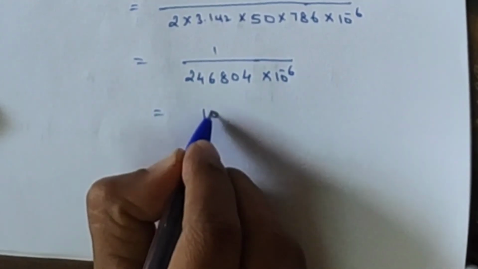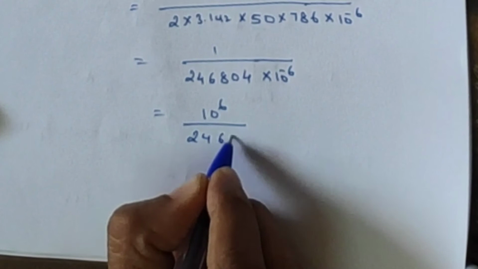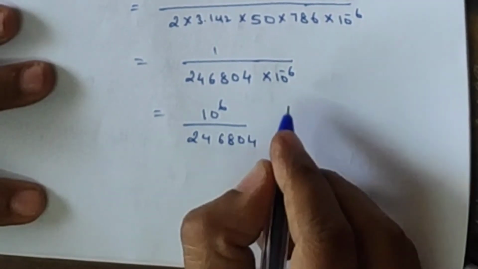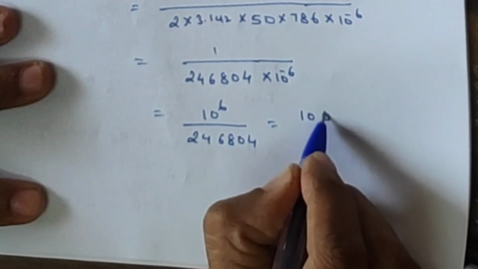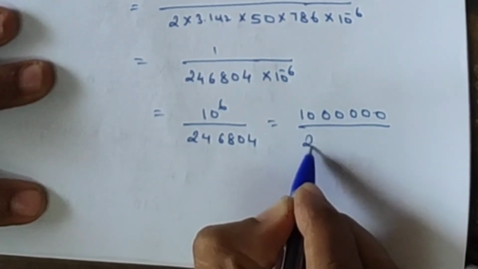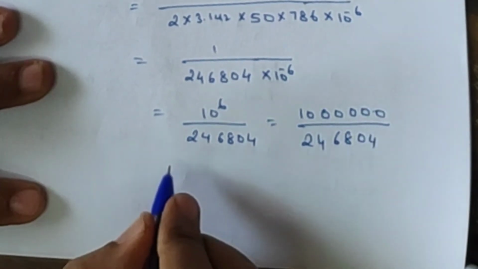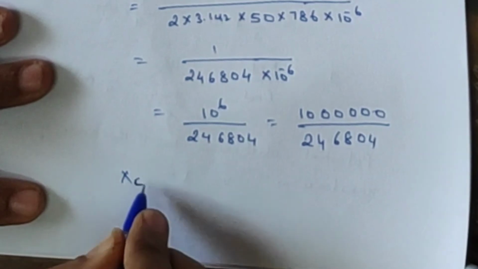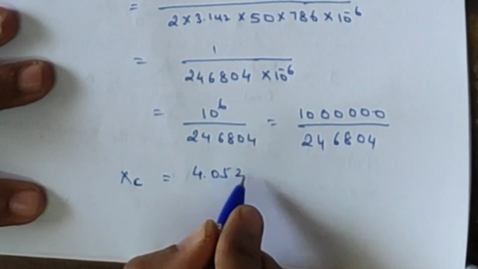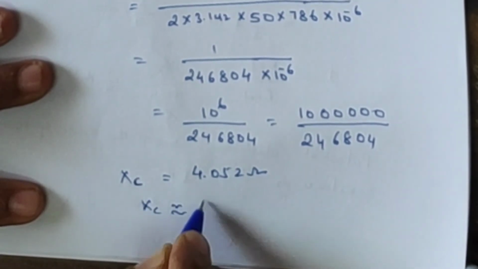This is 10 to the power of 6 divided by 246,804. After calculating this, you'll get 4.052 ohm, or XC is nearly equal to 4 ohm.